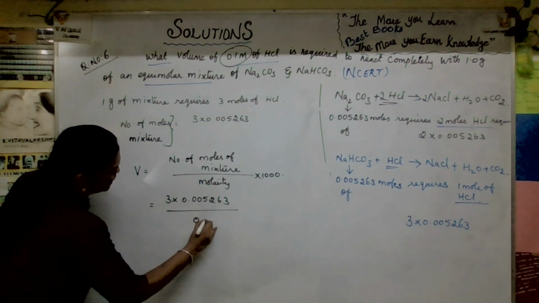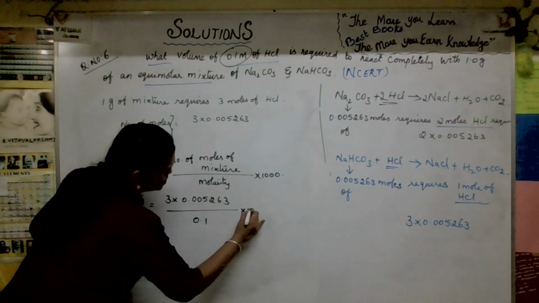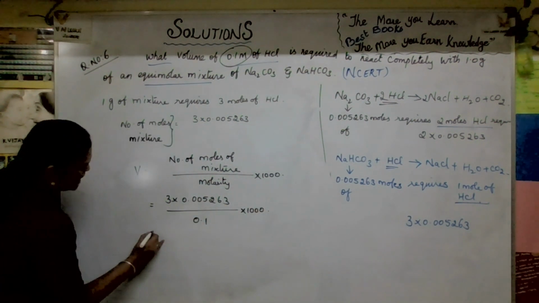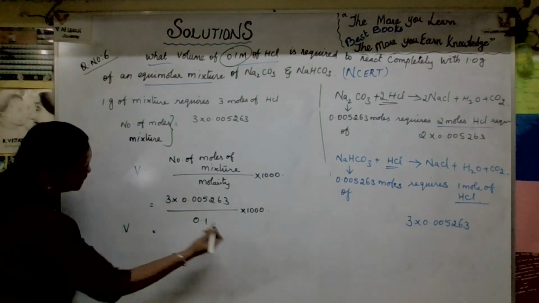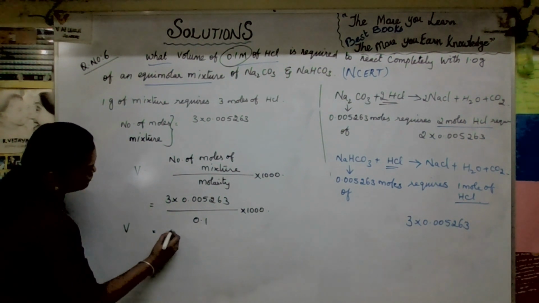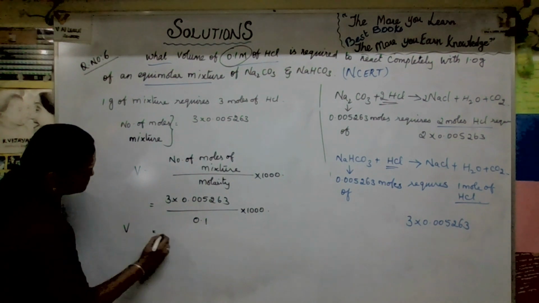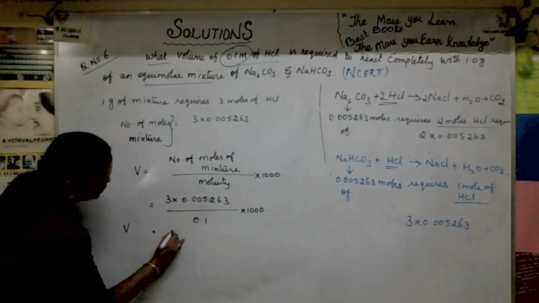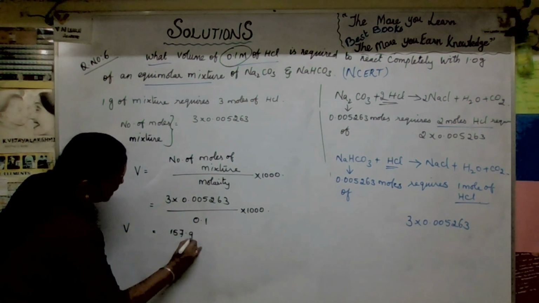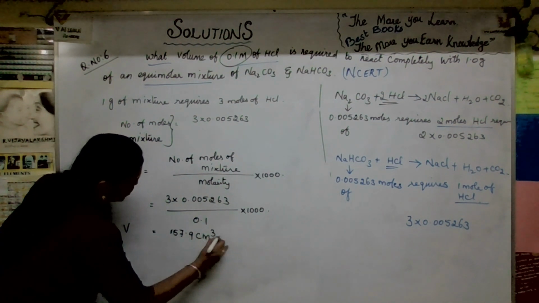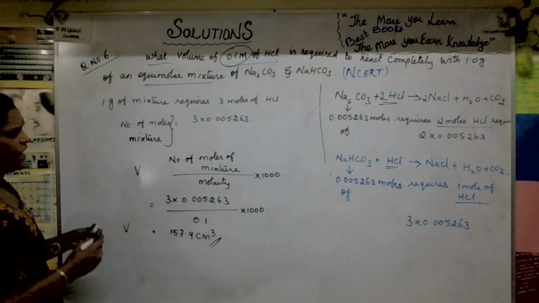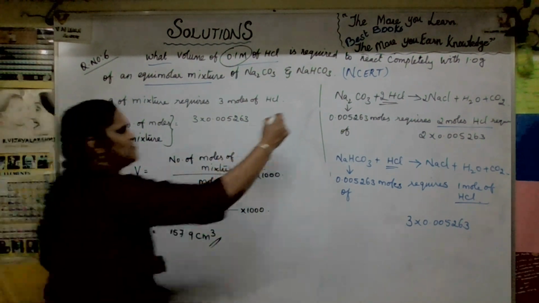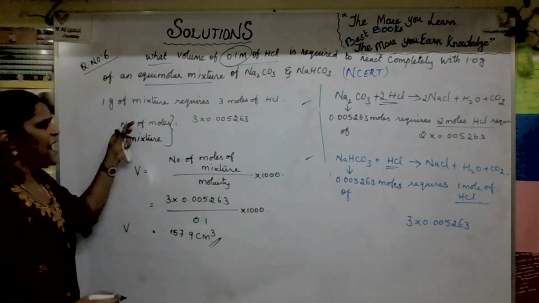Then what is the molarity? 0.1 into 1000. What is the answer you are getting here? Now volume only we are finding, that means centimeter cube, we have to write that unit. That is what I just mentioned here, 157.9 centimeter cube.